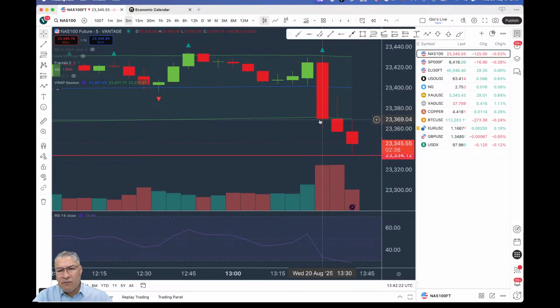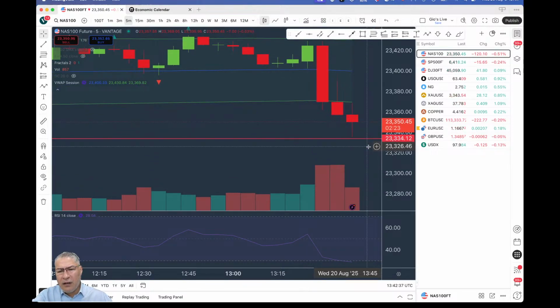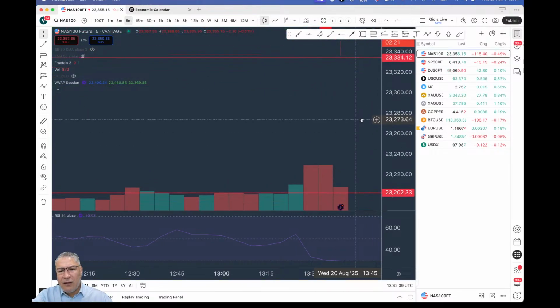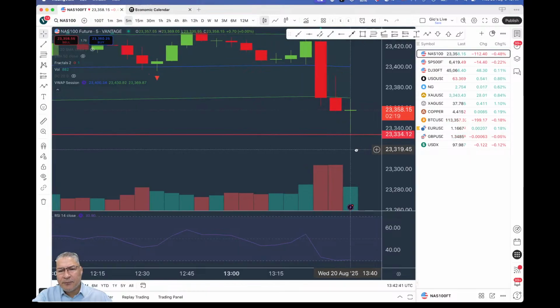If that's the case, if your mentality is to sell the indices, look for psychological values. All right, 23,300 will be your ultimate goal here. Right below that, we have 23,200, obviously.